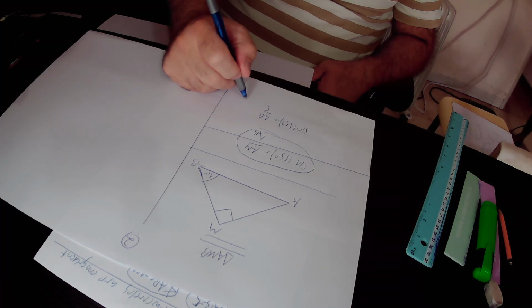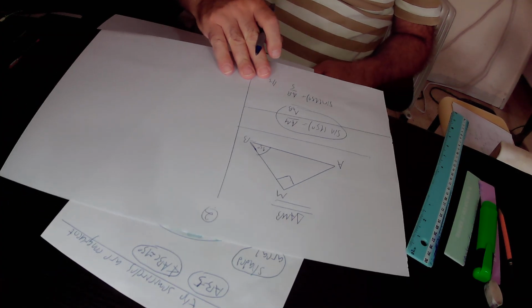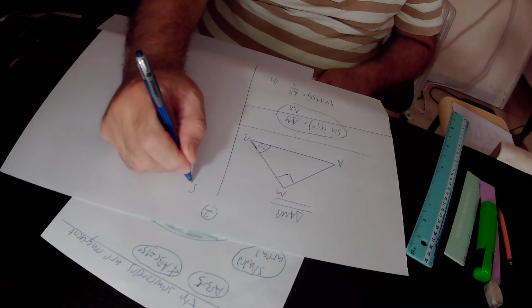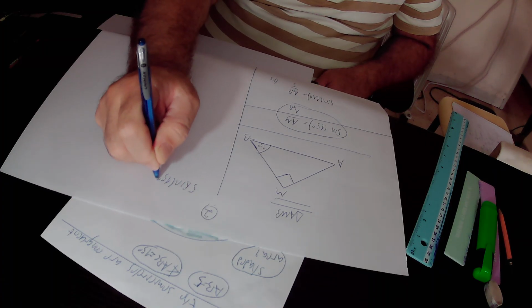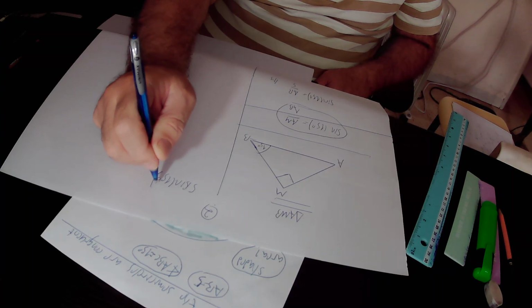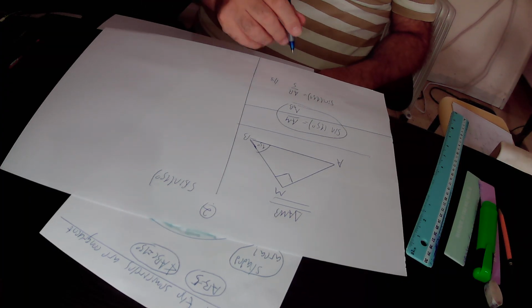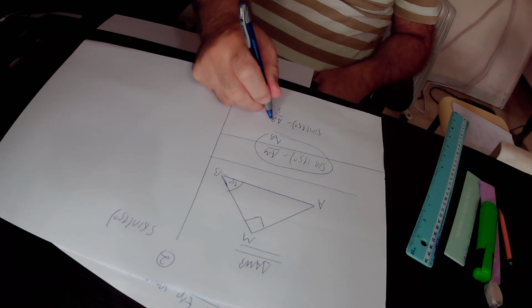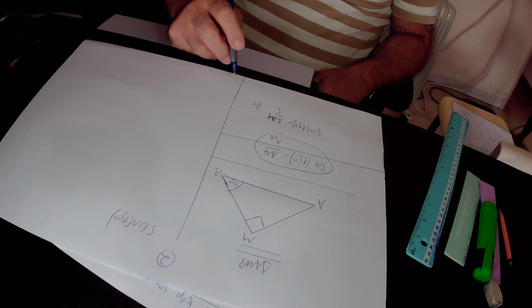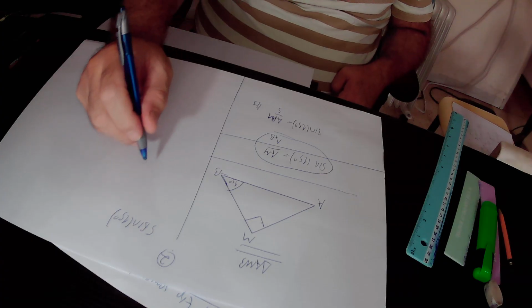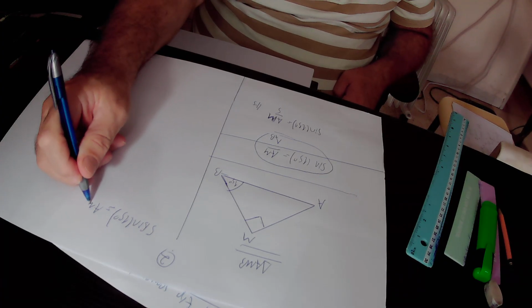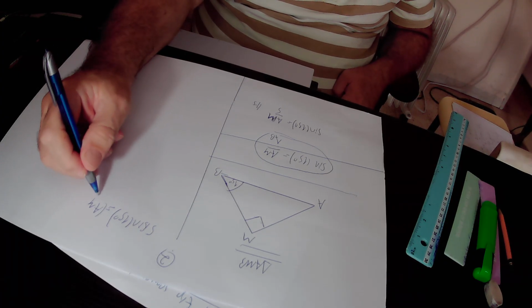Here we multiply this equation by 5, and we get that 5 times sine 15 degrees equals AM, or AM equals 5 times sine 15 degrees.